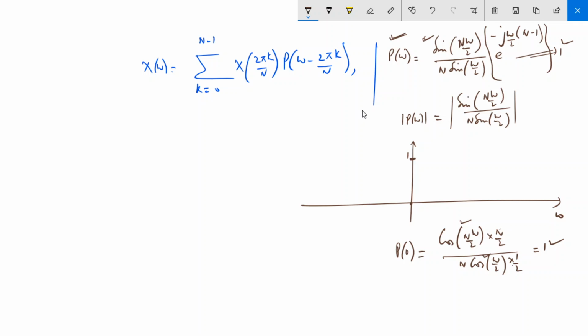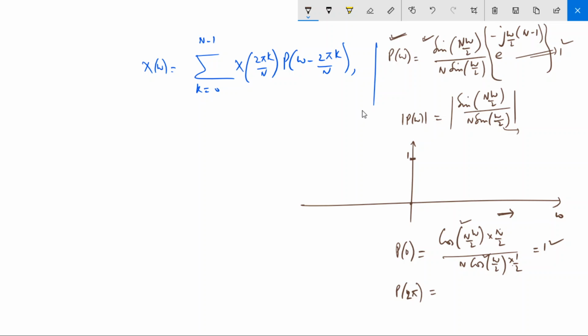So it will have zero crossing points. As you increase omega from 0, the function will decrease then increase, and when you reach omega equal to 2 pi, again P is 1. When omega is 2 pi, the numerator is sine of pi n and the denominator is sine of pi, so it is again 0 by 0.